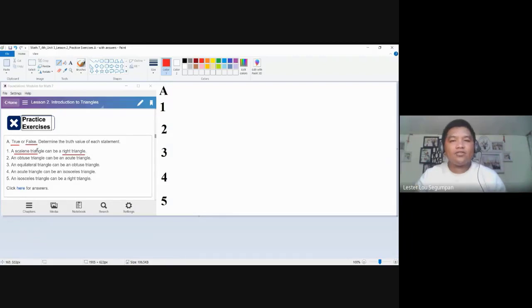Now, a scalene triangle is a classification of a triangle according to sides. And the right triangle is a triangle classification according to angles. As we can see, there is no conflict between the two, okay? Because the first classification is in terms of sides, and the second is in terms of angles.